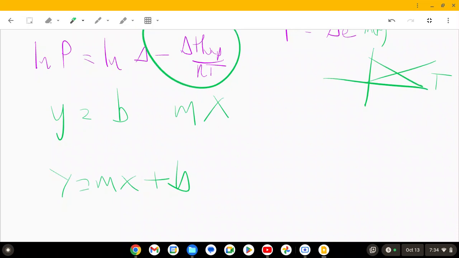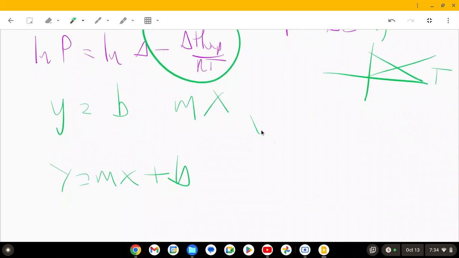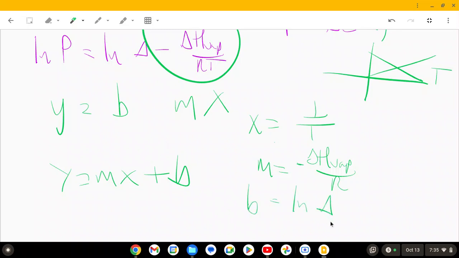So in this case, x equals 1 over temperature. M equals negative delta H vap over R. And then B equals ln A. So this is like an initial condition.